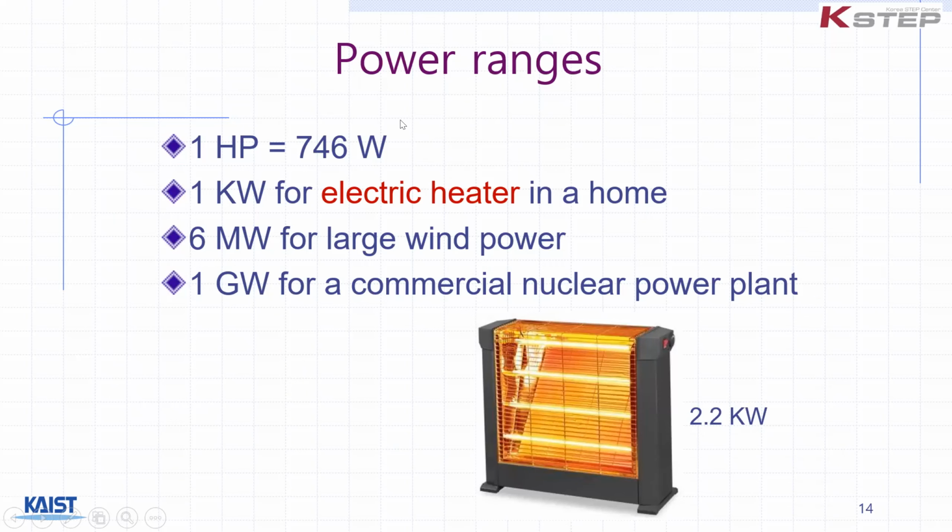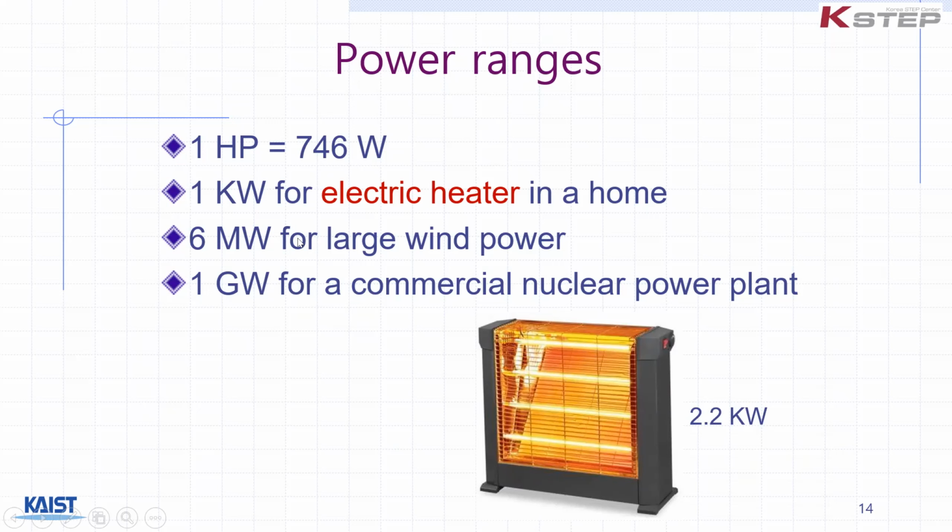And for power range, you can remember that horsepower is about 746 watts. Then 1 kilowatt for an electrical heater is typical at home. This one has 4 heating coils, and this one uses 2.2 kilowatt size.